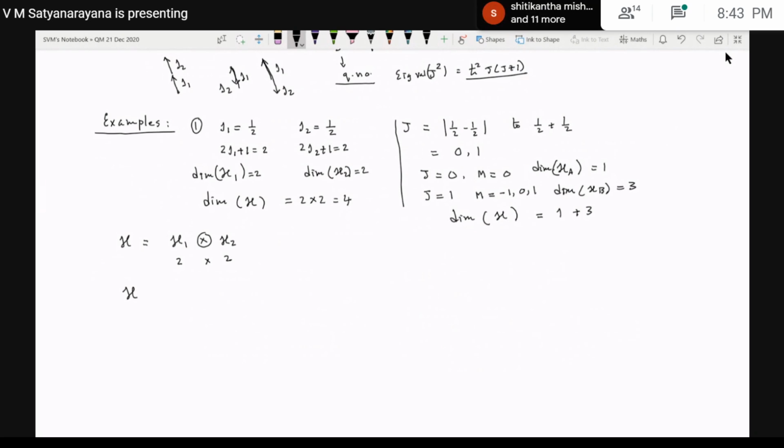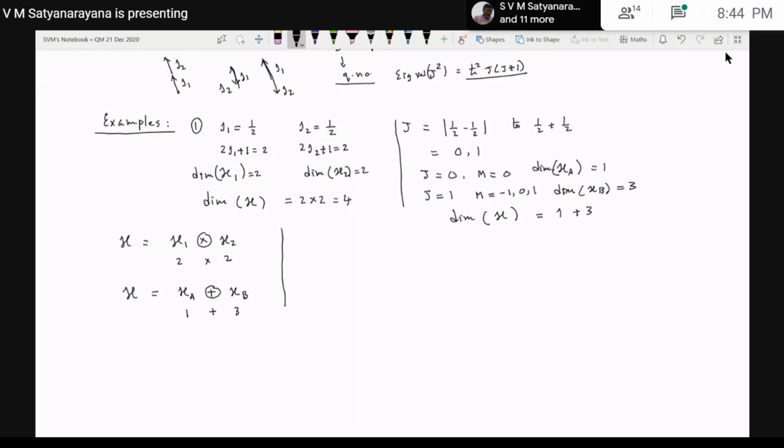Now the same H can also be represented as the direct sum of these two Hilbert spaces, HA direct sum HB, in which case this is 1 plus 3. So the Clebsch Gordon coefficient problem is like representing vectors in the direct product representation in terms of the direct sum representation, or the direct sum representation in terms of the direct product representation. So this is one example.